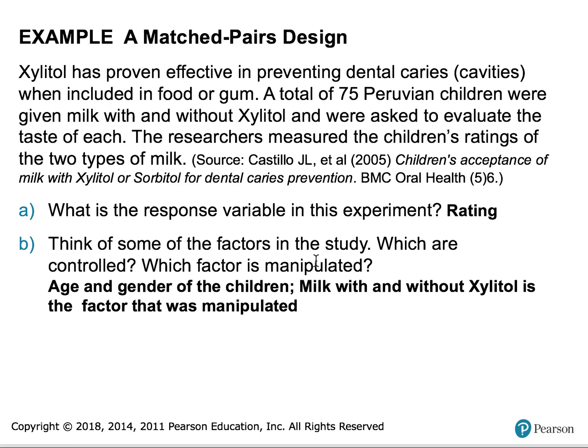Think of some of the factors in the study. Which are controlled? Which factor is manipulated? Okay, so the age and gender of the children is controlled, right? They chose 75. Also, nationality, right? Age, gender, nationality of the children is controlled. And the factor that they're manipulating is giving milk with and without xylitol.